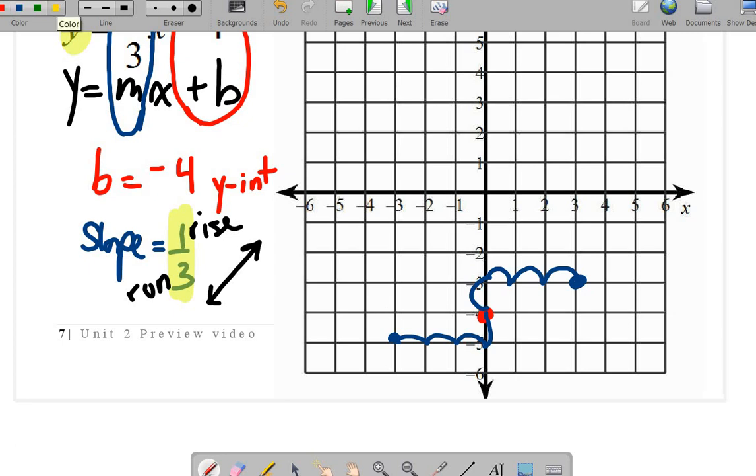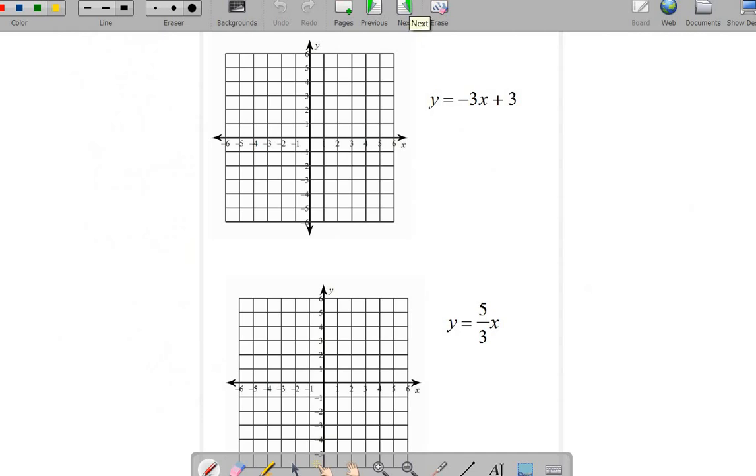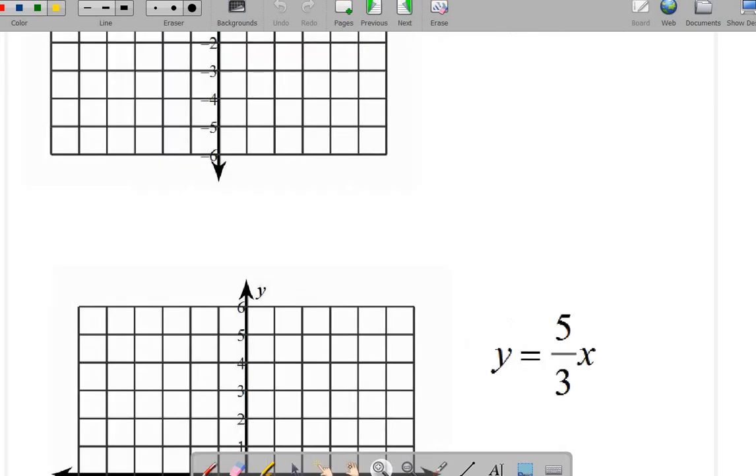Now you have your points, and you simply always label your lines. This was y equals 1/3 x minus 4. We're going to do a couple more together and make sure you got the hang of this.